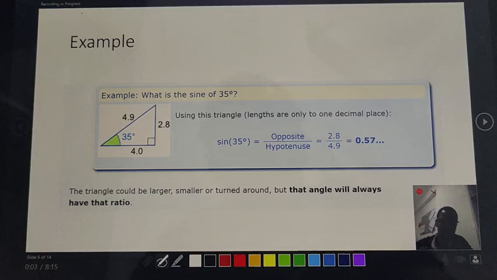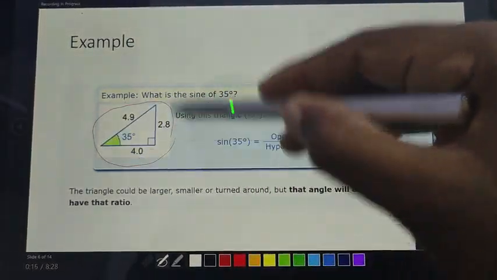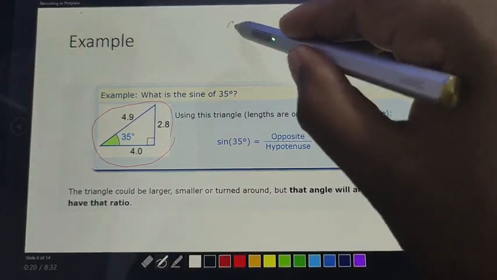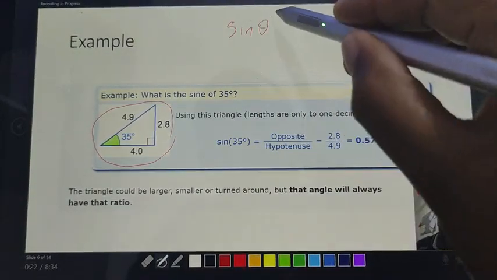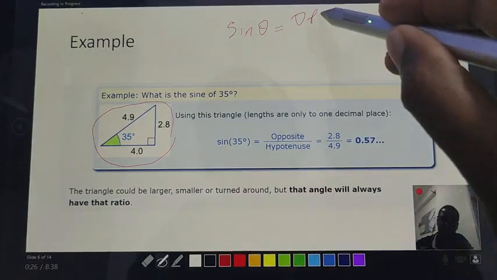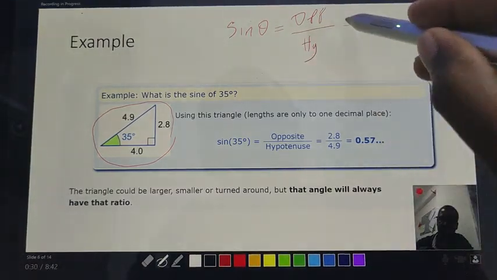Let's look at this simple example using a calculator. You can have that triangle. Let's start with sine theta, which we say is equal to opposite over hypotenuse.